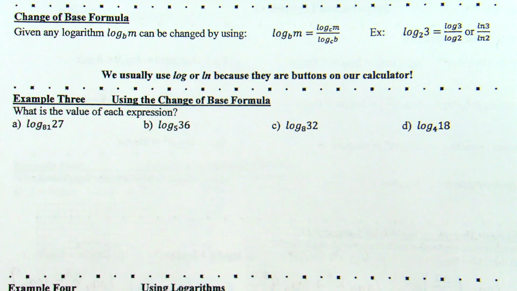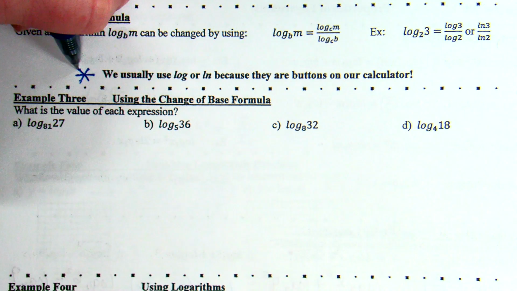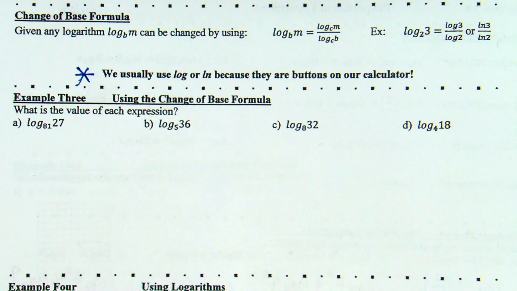Okay, so notice what it says even right here. We usually use log as in the common log base 10 or ln natural log because they're buttons on our calculators. Because the calculator can do the work for us. Now, some of these we're going to use a calculator for.